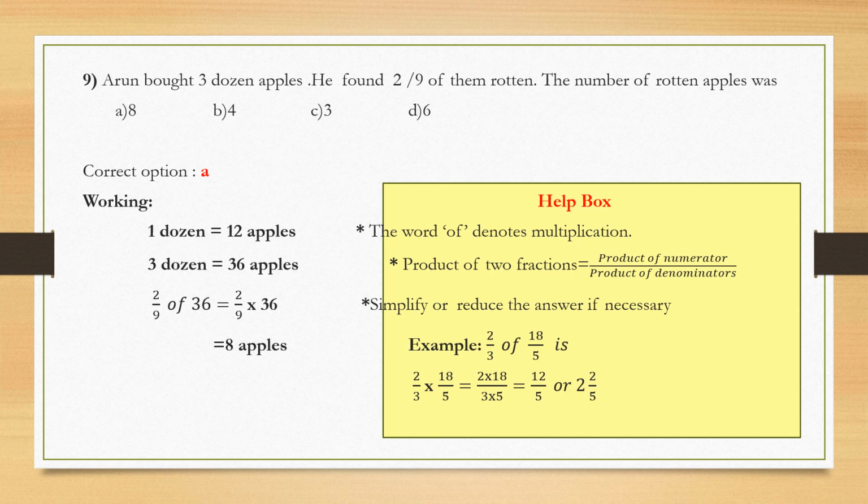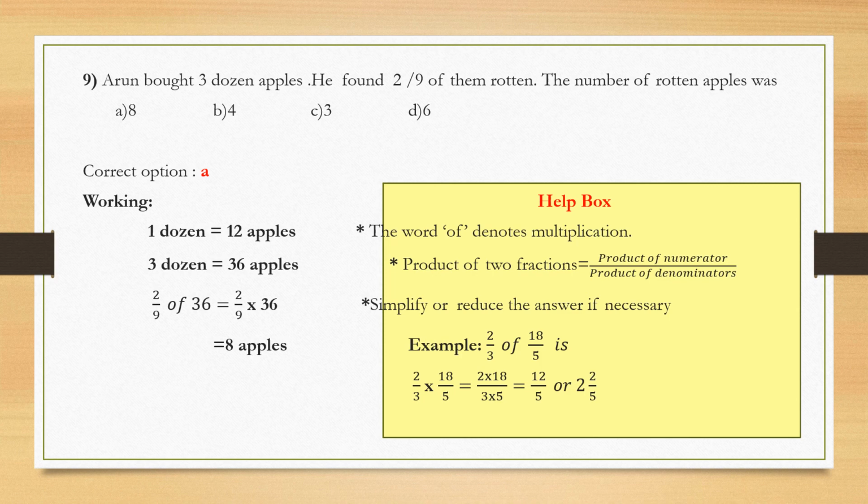Okay, the first thing is we'll go to the help box and see what is it. The word of denotes multiplication. Okay, now 1 dozen is equal to 12 apples. 3 dozen will be equal to 36 apples.